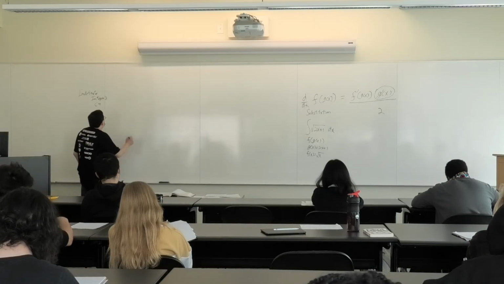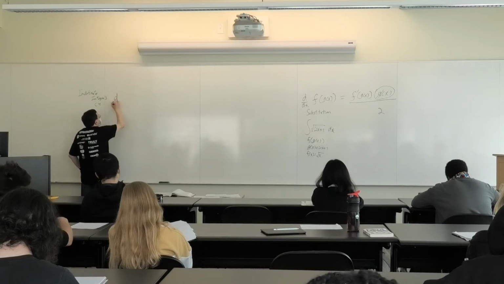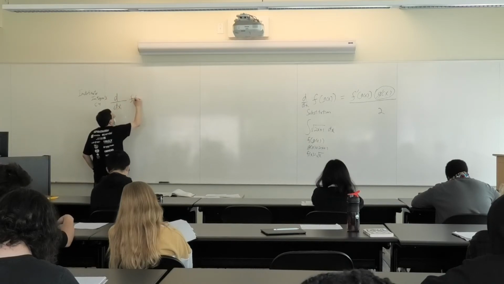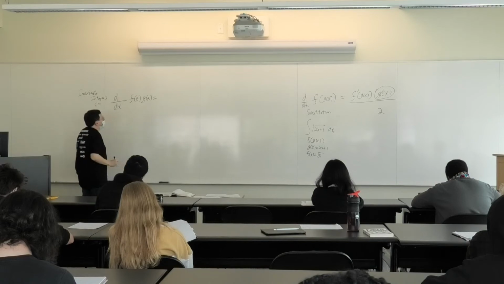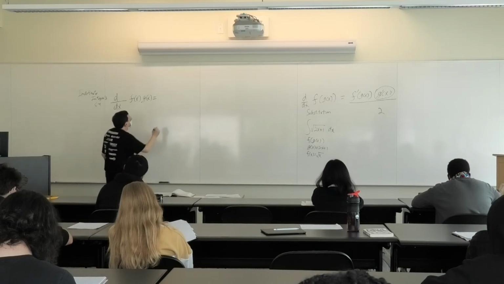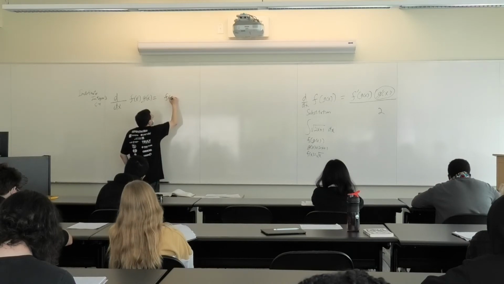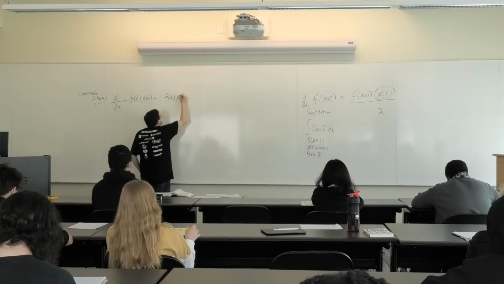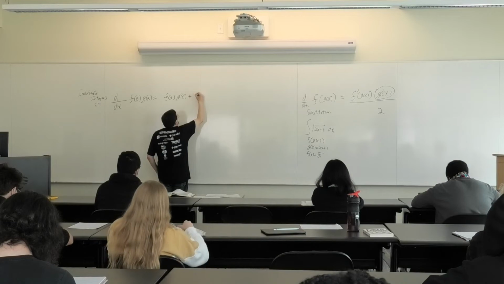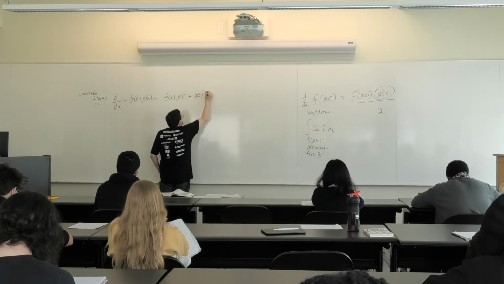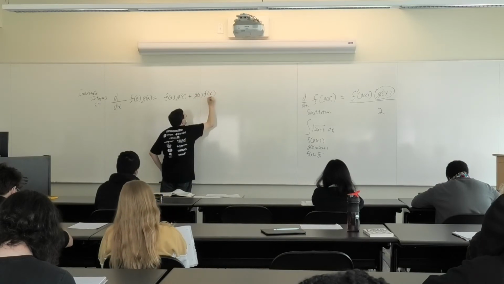The first place it comes from is the product rule. What if you have the product of two functions? The derivative of a product of two functions is f of x, g prime of x, plus g of x, f prime of x.